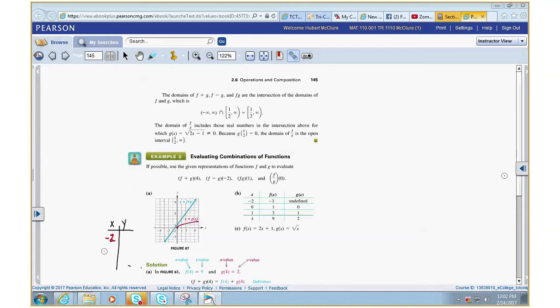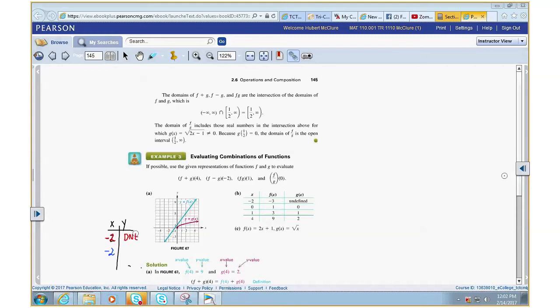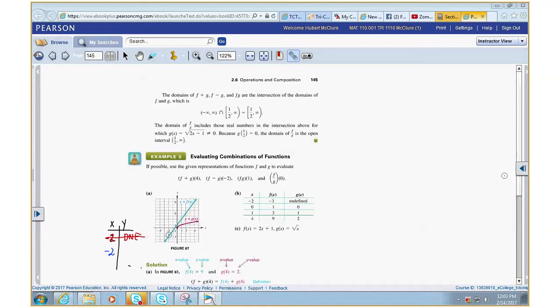Negative 2 here. All right, so negative 2 in the red. Negative 2 does not what? Doesn't exist. So you can say it does not exist. Negative 2 in the blue is what? Negative 3. So, what's negative 3 minus nothing? Negative 3, so it should be negative 3.